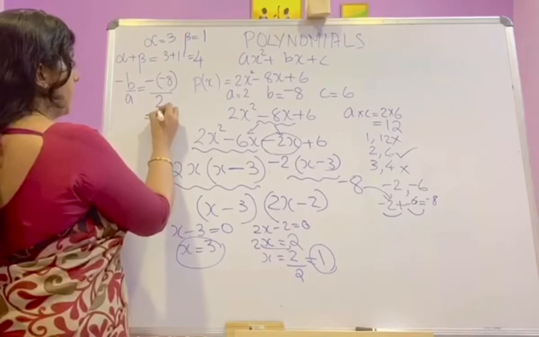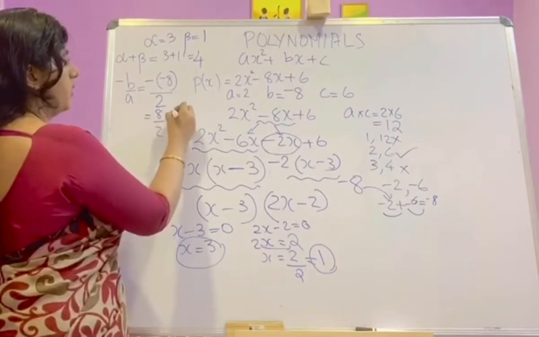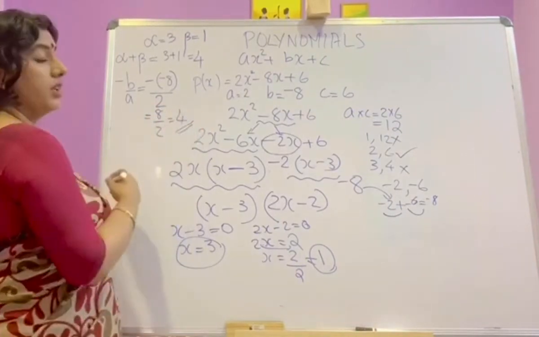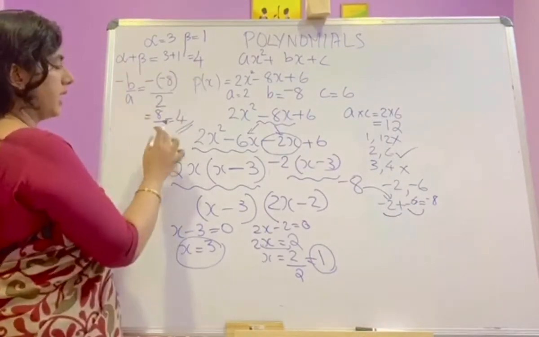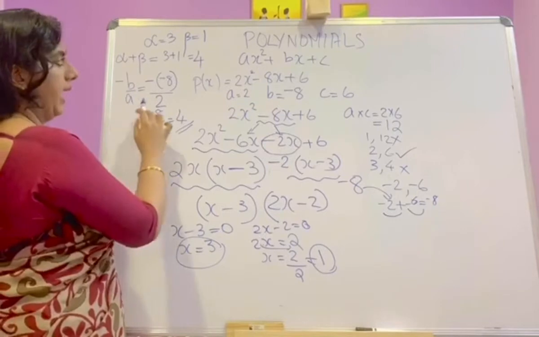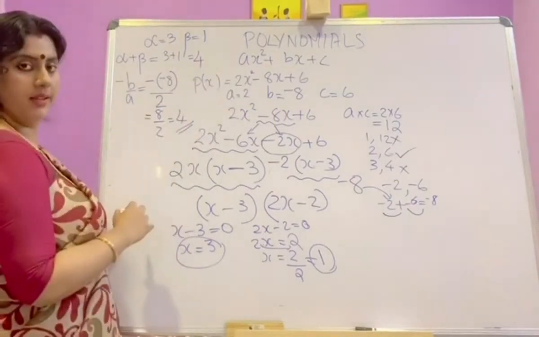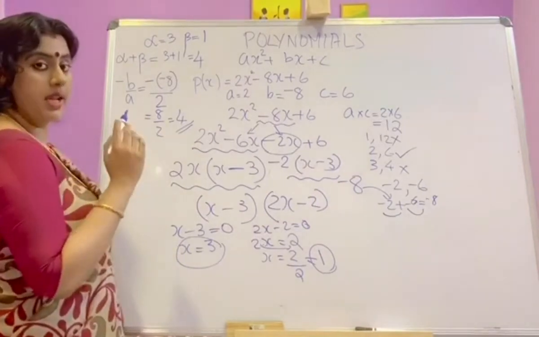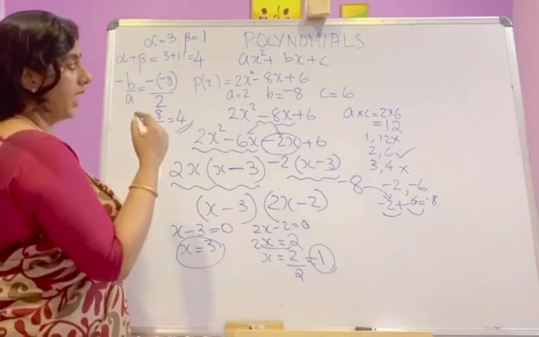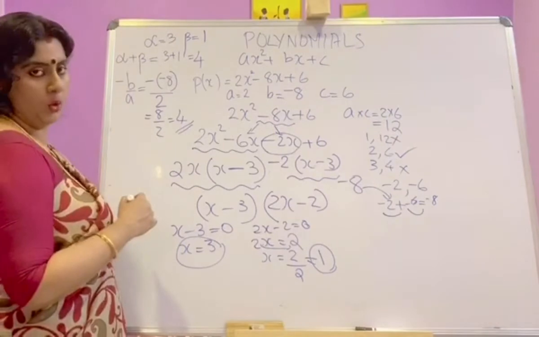So it becomes 8 by 2. 8 by 2 is 4. Here we can see that sum of the zeros is equal to negative b by a in the case of a quadratic polynomial.